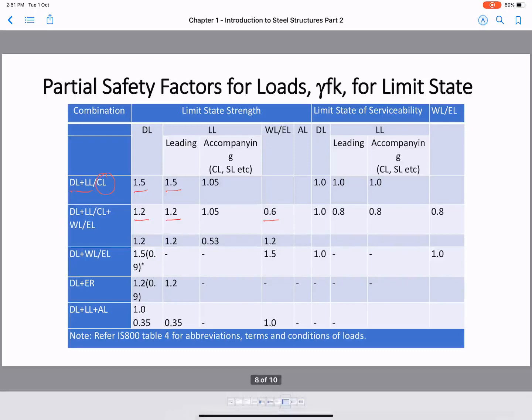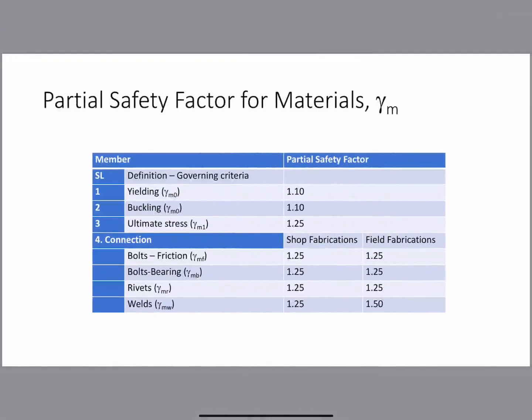Now let's discuss the partial safety factor for materials. Similarly, not only due to geometric imperfection, sometimes there is material imperfection and also member behavior, like some elements not even attaining the yield stress because local buckling prevents it. That means the stress is not even reaching the yield stress.